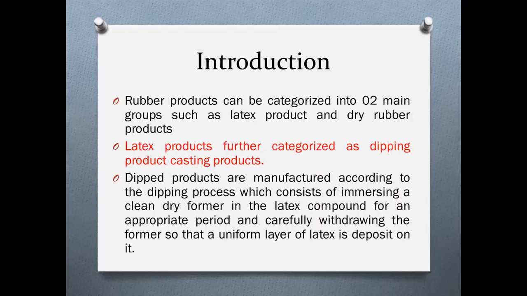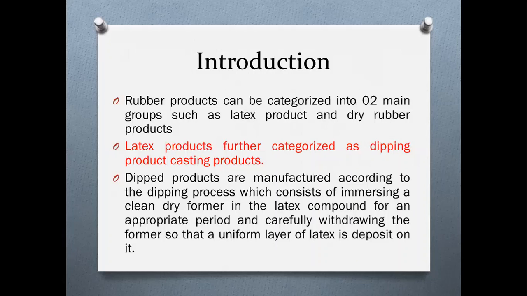Mainly, the rubber products can be categorized into two groups, such as latex products and dry rubber products. The difference is, when we produce things directly from the latex by adding different ingredients, those products are known as latex products.